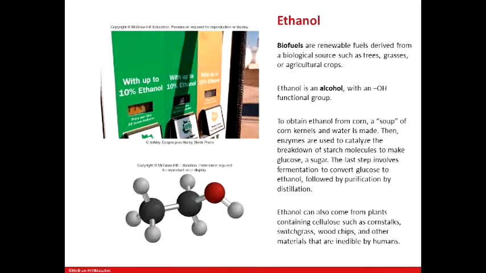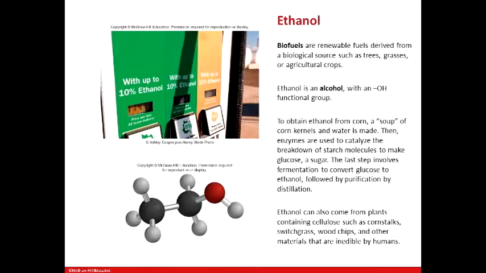Then enzymes are used to catalyze the breakdown of starch molecules to make glucose, which is a sugar. So we make the glucose. The last step involves fermentation to convert glucose into ethanol, followed by purification by distillation.